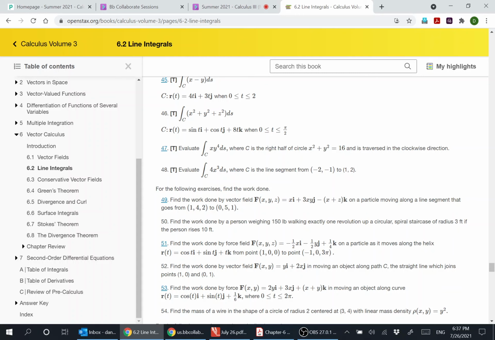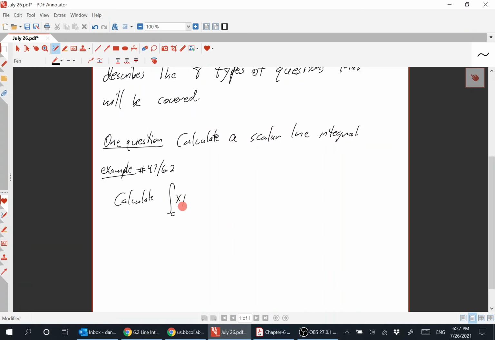Now, with the scalar line integral, that actually doesn't matter, so we'll just not consider that. So the line integral of xy to the fourth ds, where C is the right half circle of radius 2.